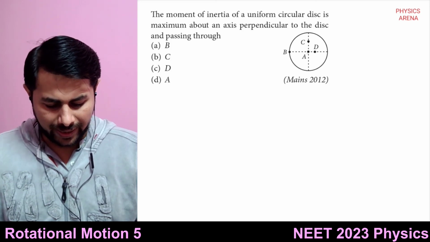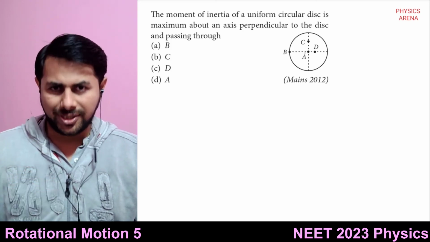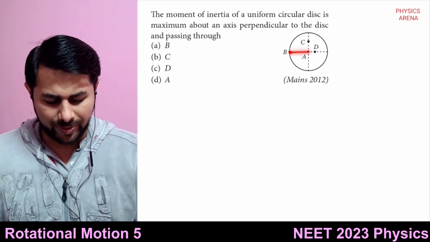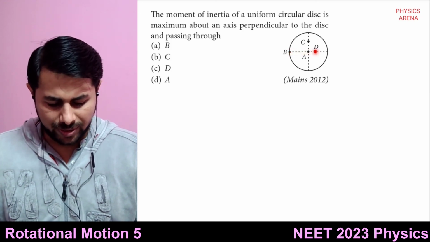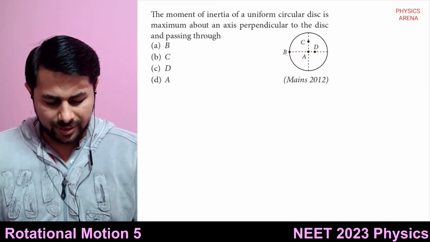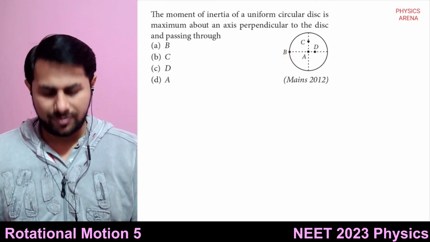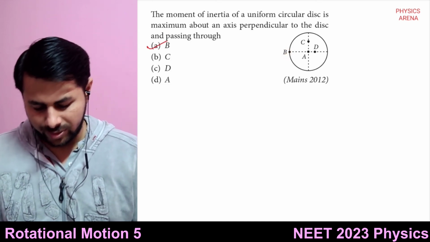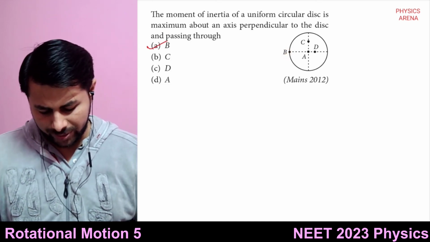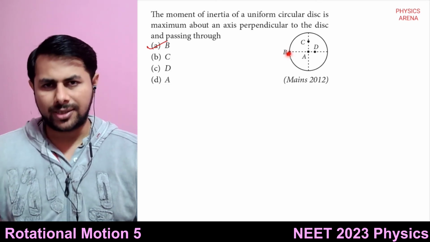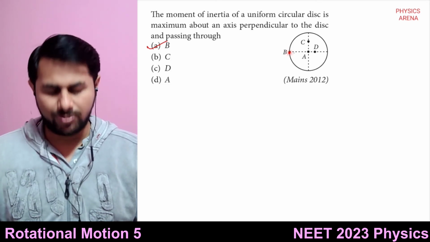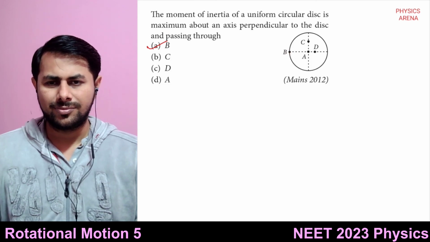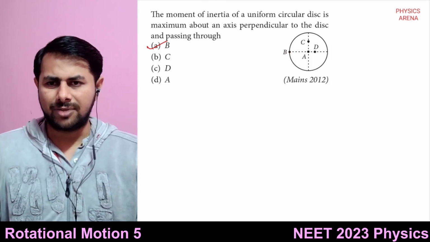If h is more, then the moment of inertia will be more. Compared to the other points, the distance of this point is more, right? So therefore, the moment of inertia about an axis passing through this point would be more. Very, very straightforward question.